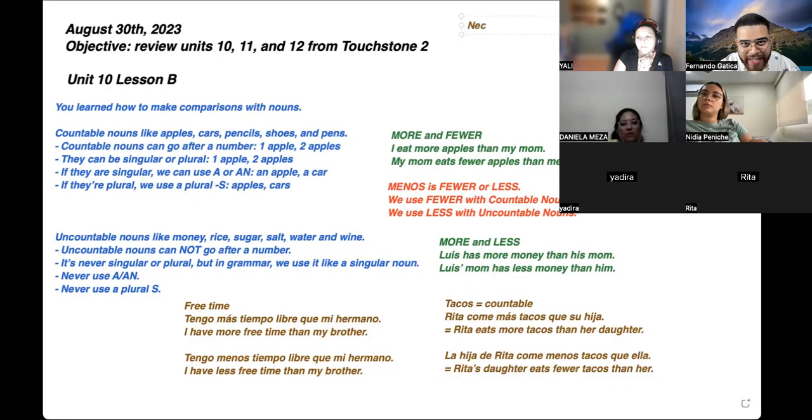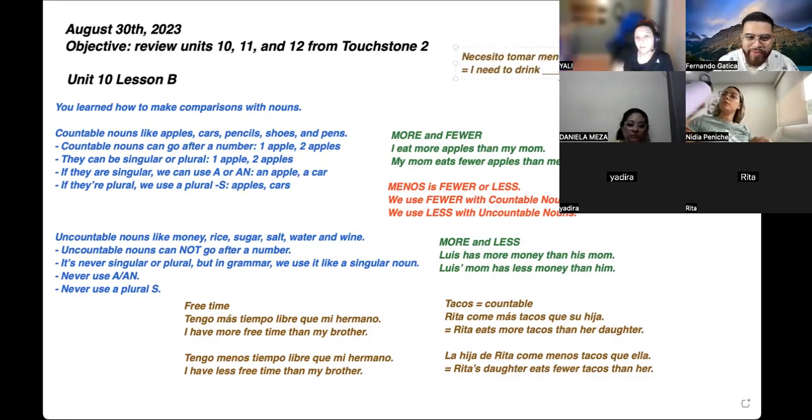Yalitza, how do I say necesito tomar menos agua? I need to drink fewer water. Why fewer? Because the water is uncountable. But fewer is with countable nouns. Less.